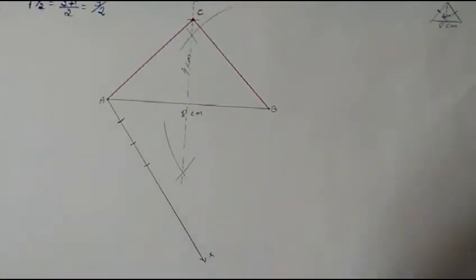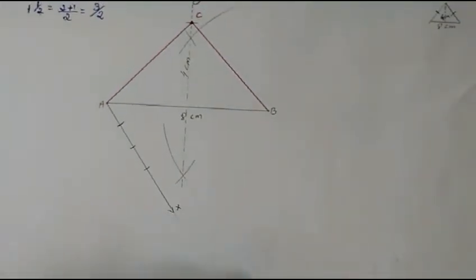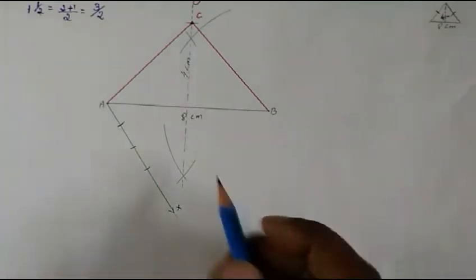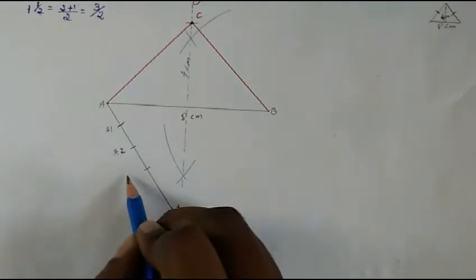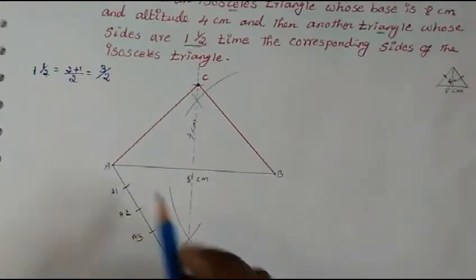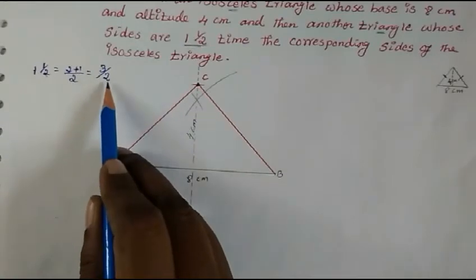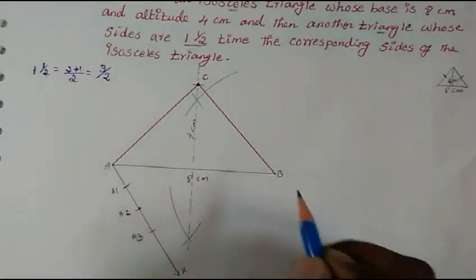So 3 parts we have divided. I have made it small because you don't need more. So now we name these A1, A2, and this is A3. Now which one do we have to join? What is in the denominator? In the denominator we have 2. So we have to join 2 with B.